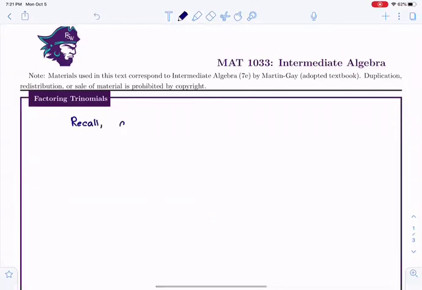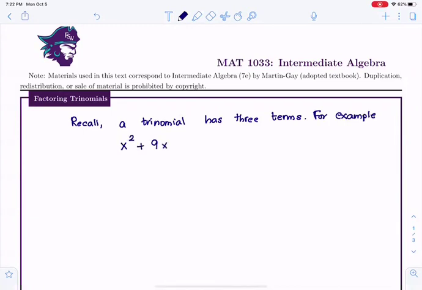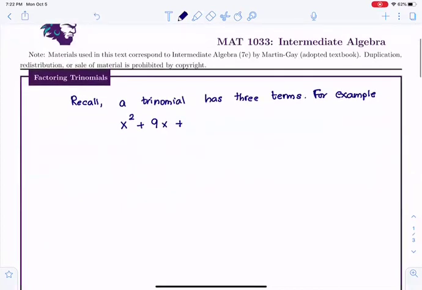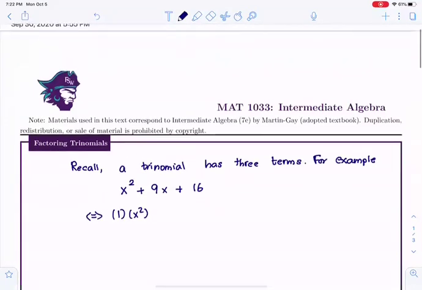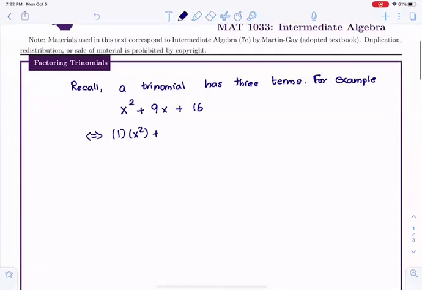If you recall, a trinomial has 3 terms. For example, x squared plus 9x plus 16. And this is the same as saying 1 times x squared plus 9x plus 16.